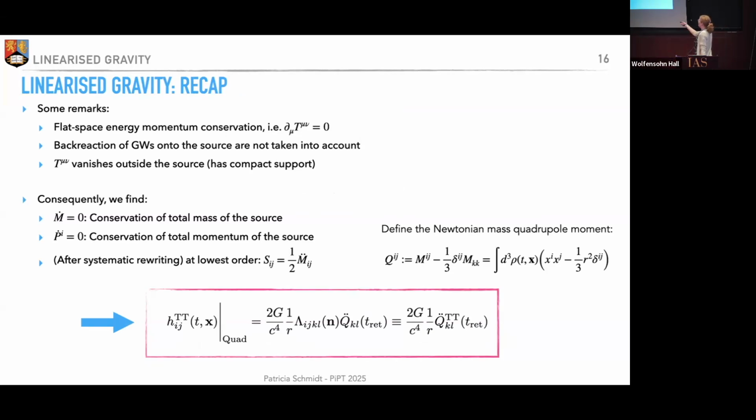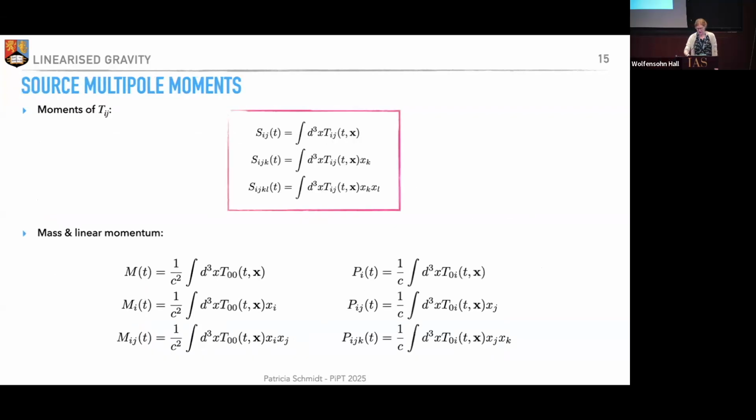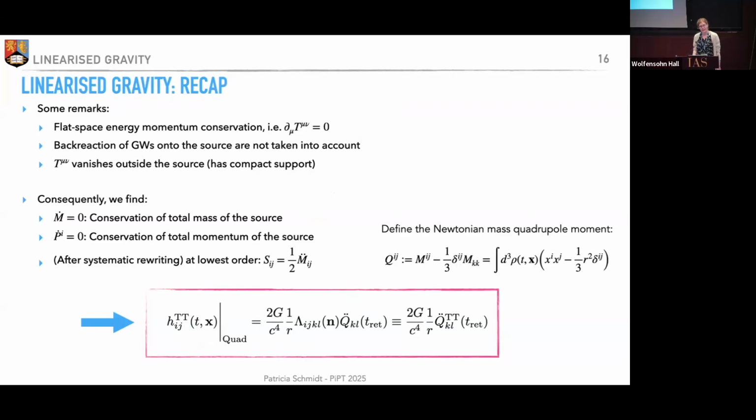And that's what defines the famous Newtonian mass quadrupole moment that Matthias also was writing on the board today. So already here we see in the lowest order expansion, in standard linearized gravity, this is the thing that appears. But there are high order corrections, and these are the ones we're really, really interested in.